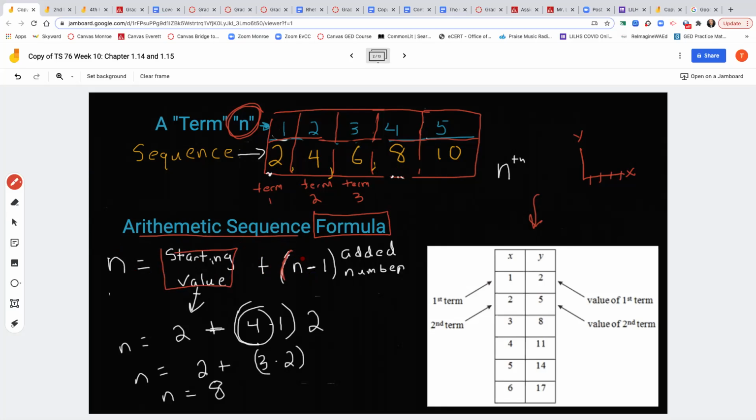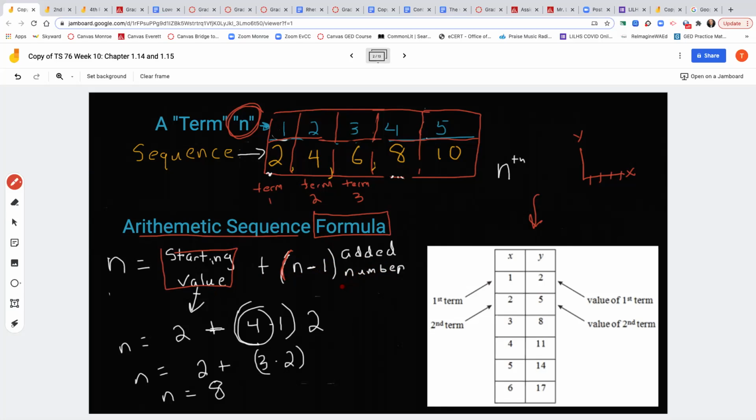N means the term I'm trying to find out, the term that I'm asking for, minus 1, times the number we're adding each time, the added number. So that's my formula: starting value plus, and then in parentheses, n minus 1, times whatever number I'm adding each time.